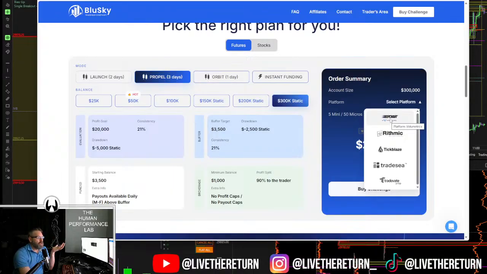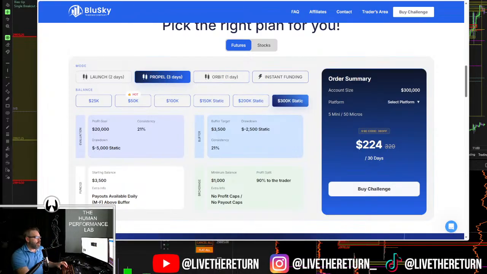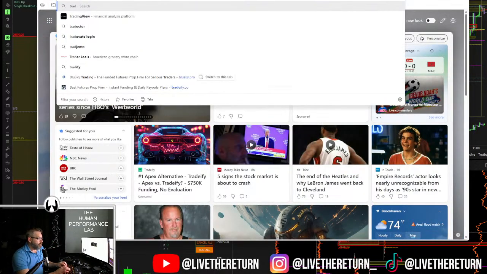And of course, Deep Chart also works, or Volumetrica also works off of Rithmic as well. And that's 50 micros.